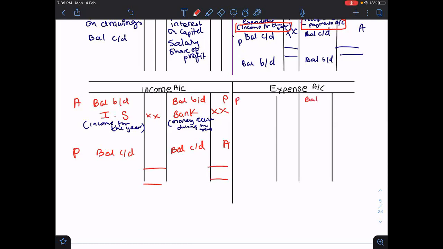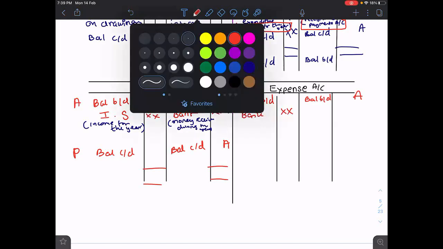Balance, prepaid, debit side, accrued, credit side. Debit side में bank comes, that is money paid during the year.